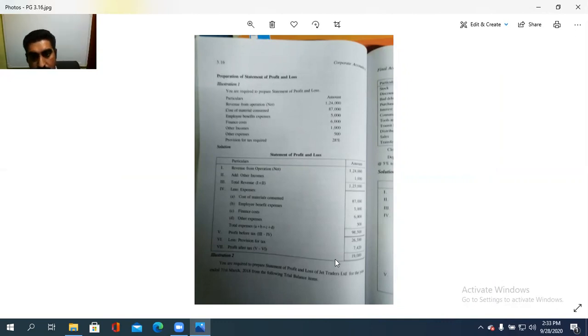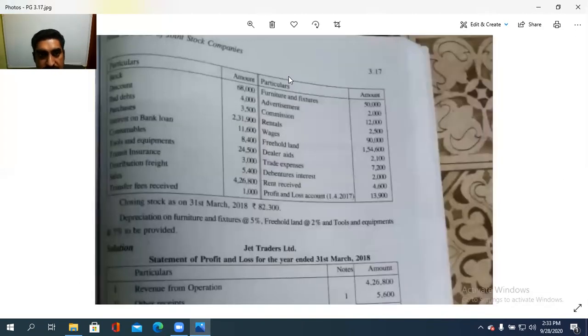Then you are required to prepare the statement of profit or loss of Jet Traders Limited for the year ended 31st March 2018 from the following balances extracted. So what are the items?